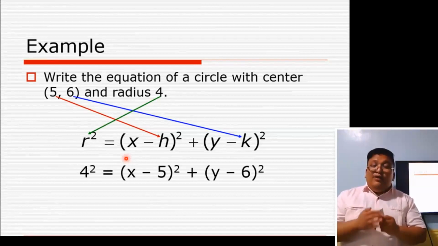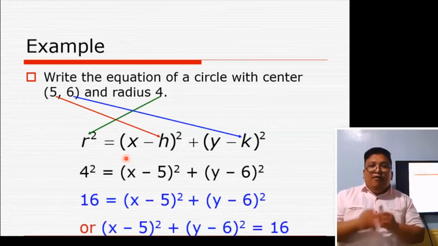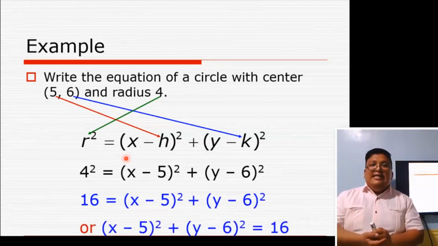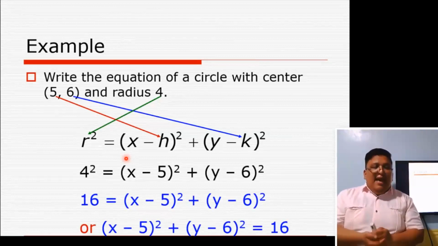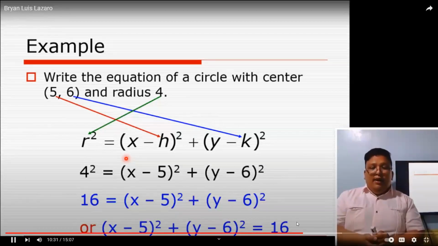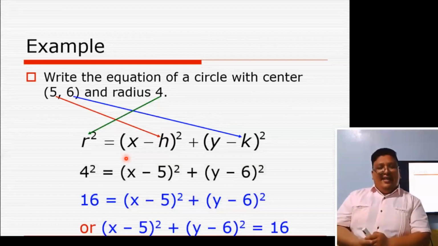And we're going to simplify our radius. Our radius will be 4 squared is equal to 16. And our final equation will be (x minus 5) squared plus (y minus 6) squared is equal to 16. Did you get it? Very good.